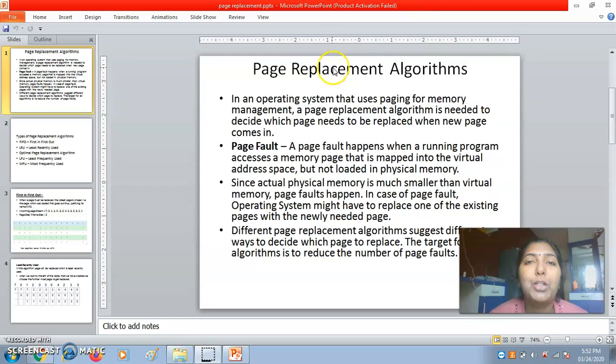And these page replacement algorithms are used for the frame selection in which the page has to be replaced, and we have to select the page replacement algorithm which gives fewer page faults.